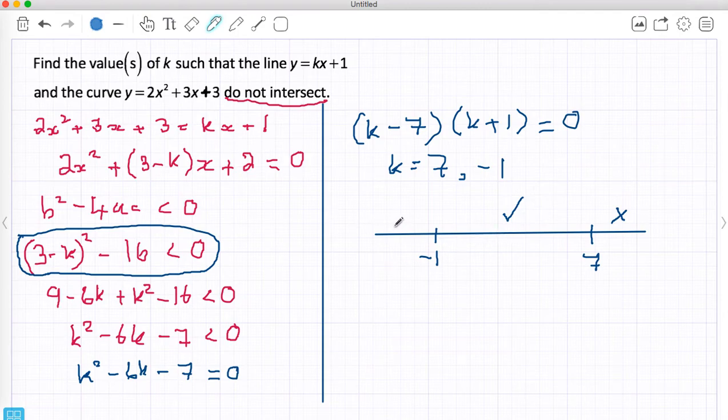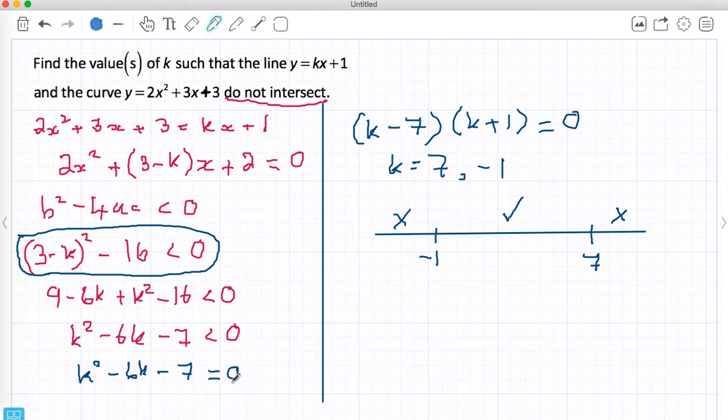And here another number, and I'm going to choose something like minus 2. So 3 minus minus 2 is going to give me 5. I square 5, I take away 16, and I get 9. And 9 is not less than 0.